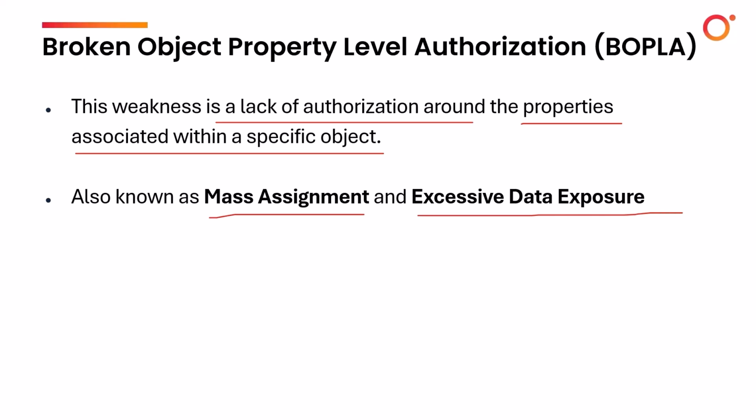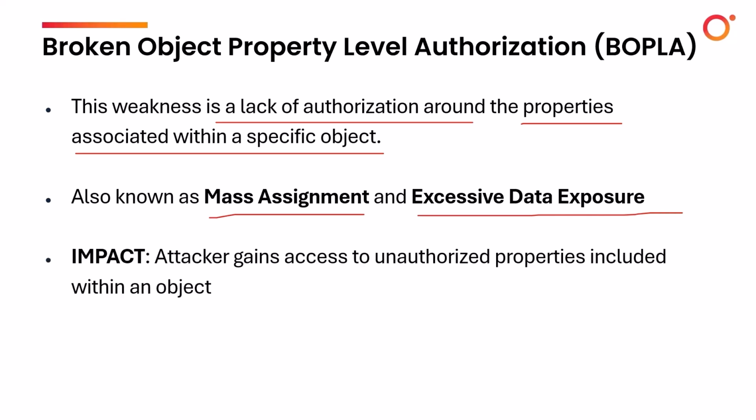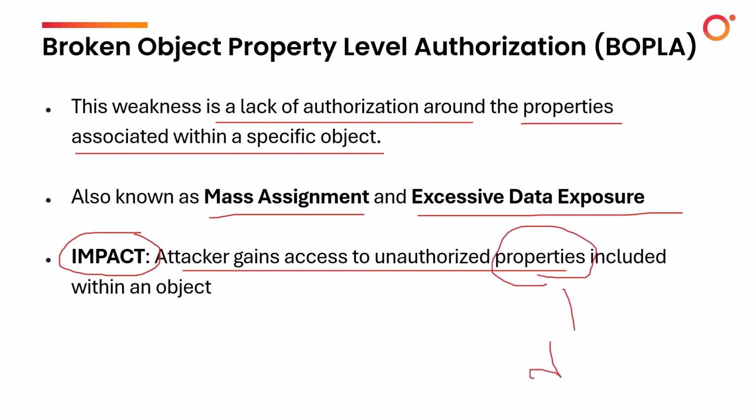We're going to talk about both in just a moment. And what you need to understand is the impact of the BOPLA vulnerability is it gives an attacker access to unauthorized properties, or think of this as data. So it gives the attacker access to unauthorized data that might be included within that object.